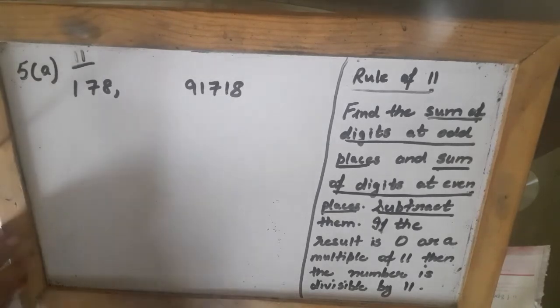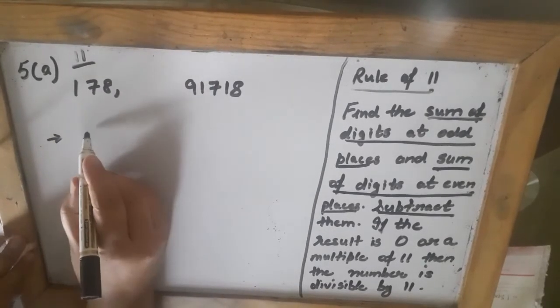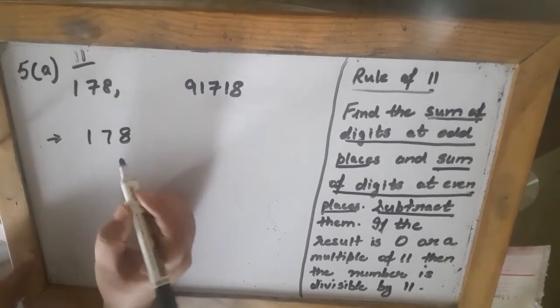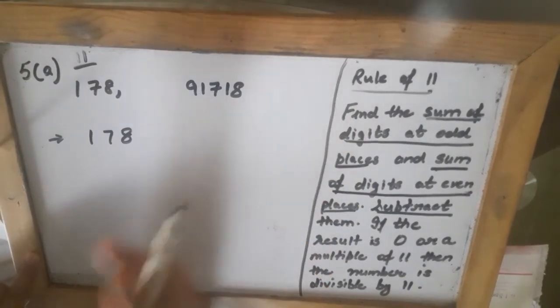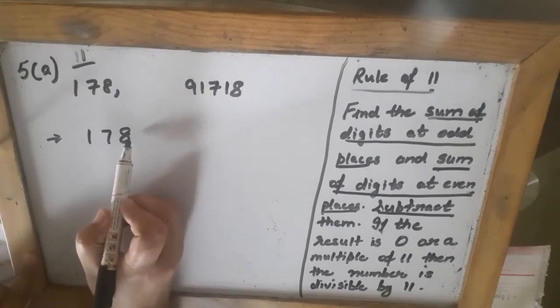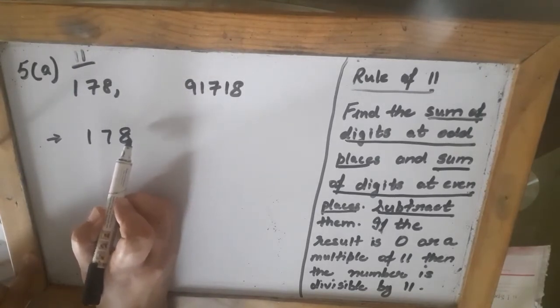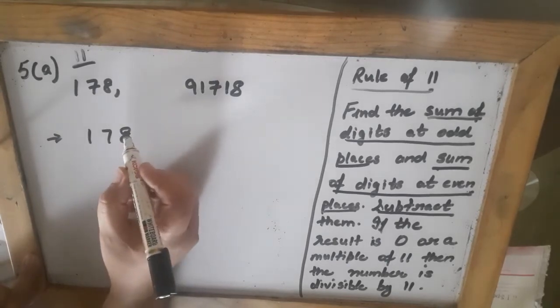Now let me explain this by taking the numbers. The first number given is 178. Now they are saying find the sum of digits at odd places. So what are odd places? Starting from the right, like starting from 8, I will give them places.